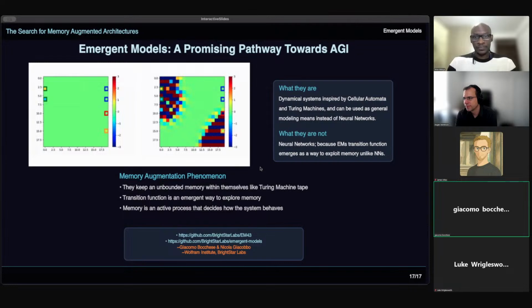This is very interesting because we don't actually need to change the way the connections between the cells are wired. You keep it fixed. You just change the state at the first instant of time. And this initial memory drives how the system evolves and how it represents information flow.